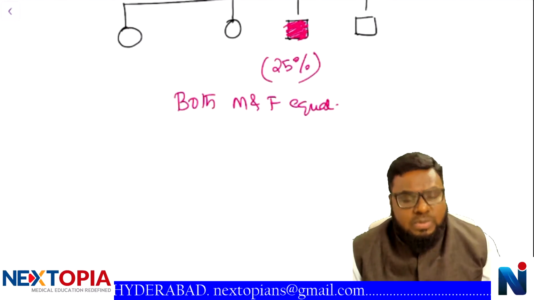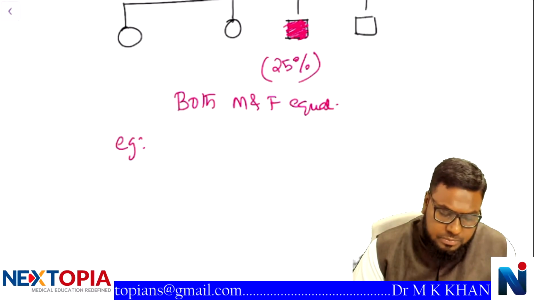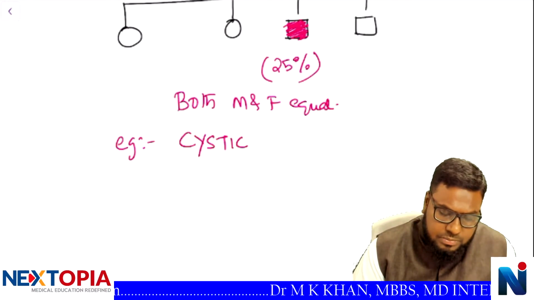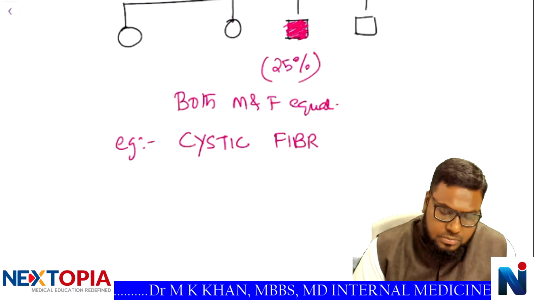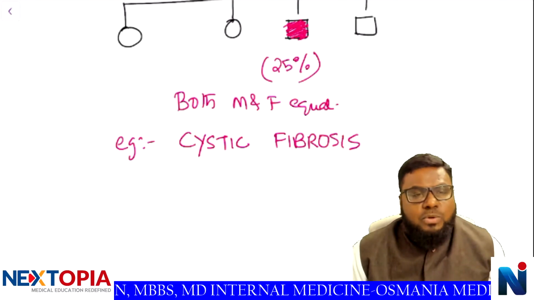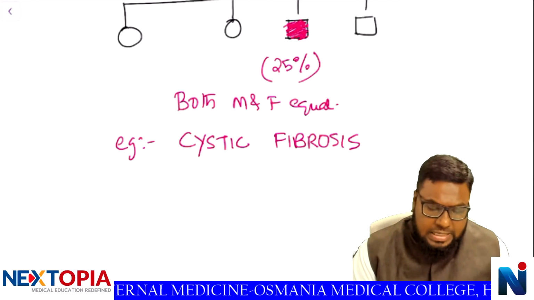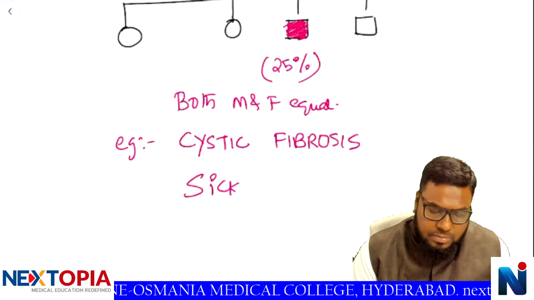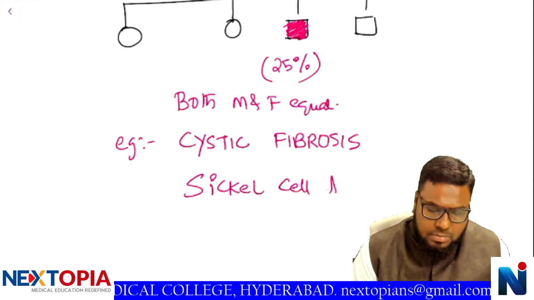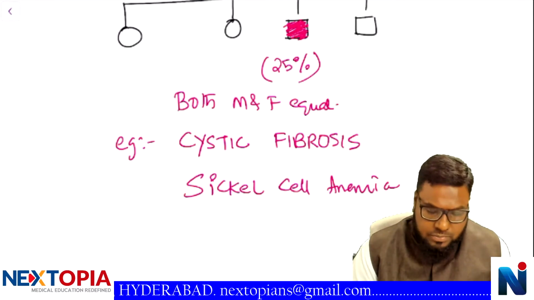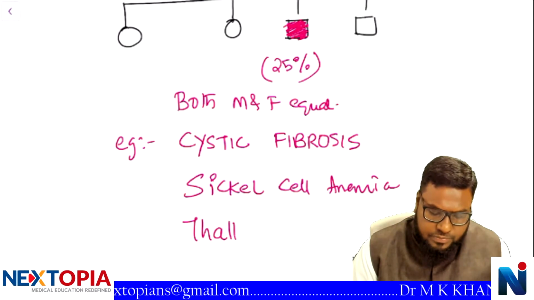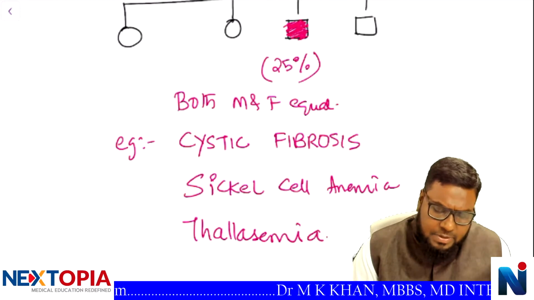The examples of autosomal recessive inheritance are cystic fibrosis, sickle cell anemia, thalassemias. There are many examples we'll discuss in pathology.